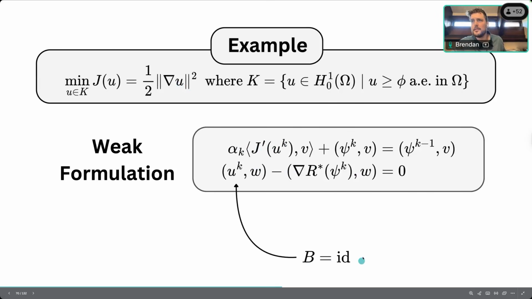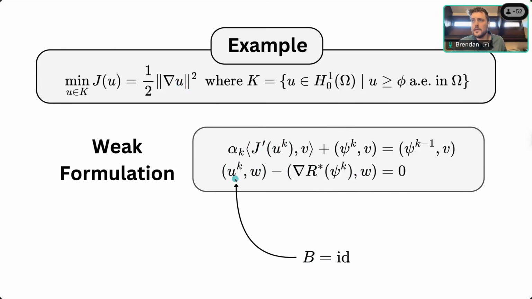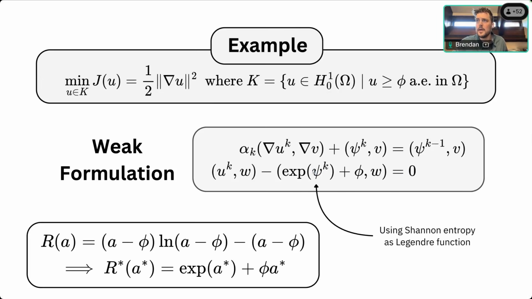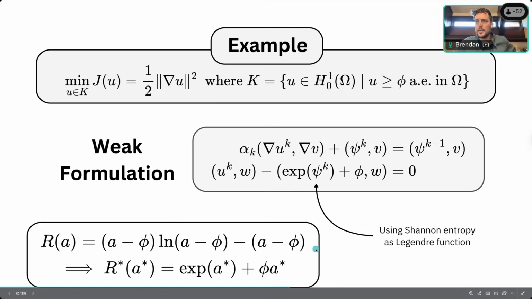B is the identity, so let's simplify those terms. Then we look at J, we simplify that. We're taking the Frechet derivative of the Dirichlet energy, and then the final thing we have to decide what to do about is the choice of the Legendre function. And I advocate for using the Shannon entropy, but there are other choices that you can also consider.